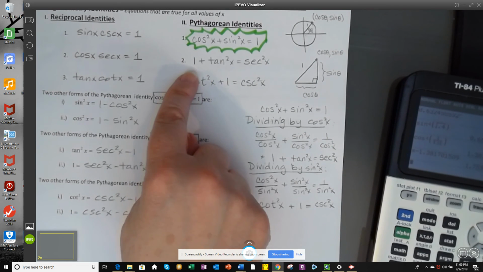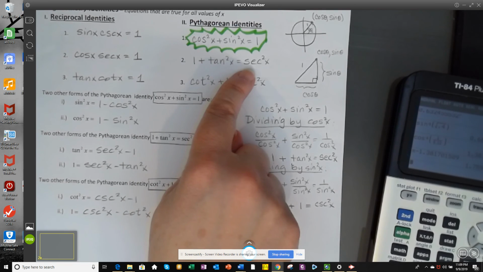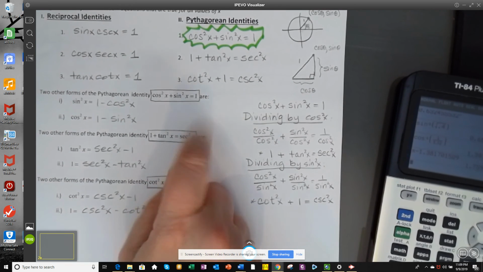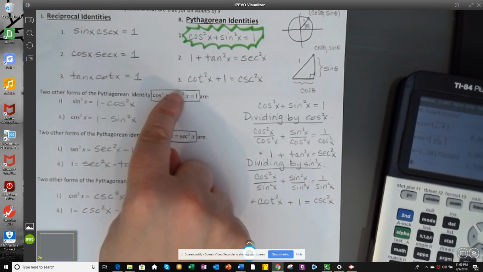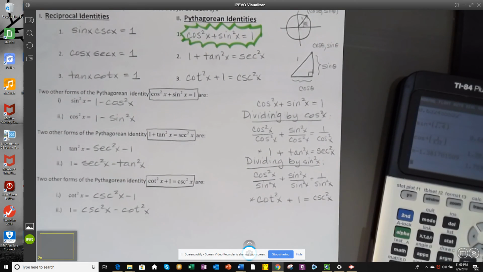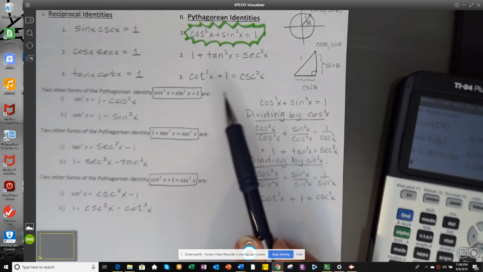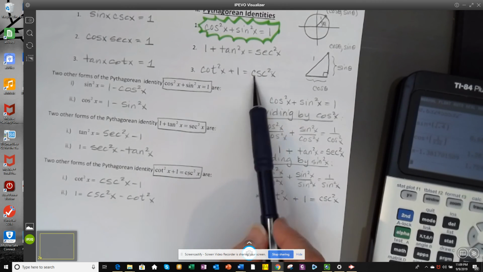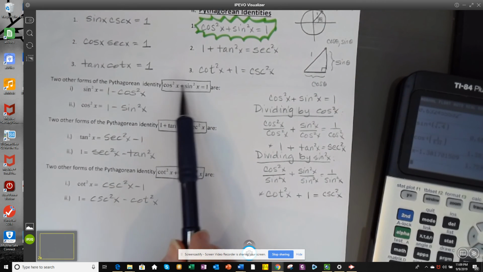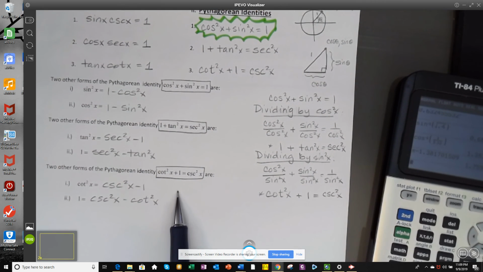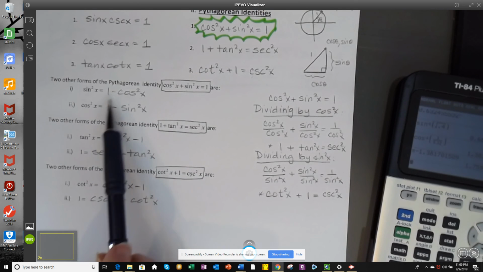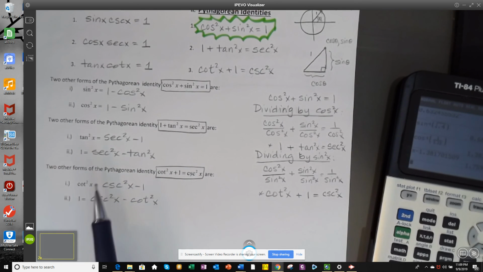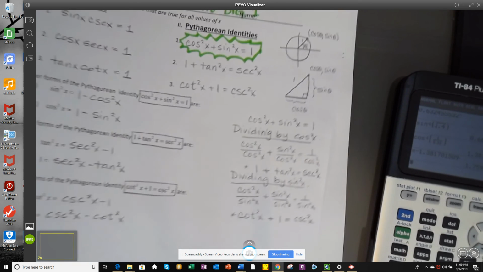And then we divided the big one by cosine squared to get the second Pythagorean identity. And then we divided the big one by sine squared to get the third Pythagorean identity. And then we manipulated each one of those Pythagorean identities to get some other interesting ones that we can use when we are going to be solving our equations.